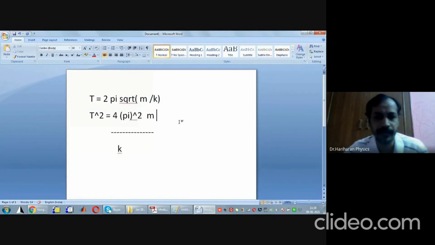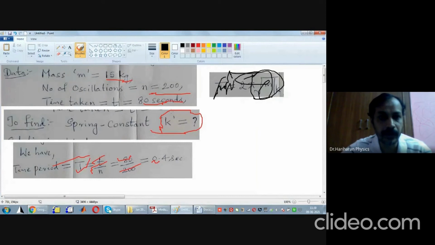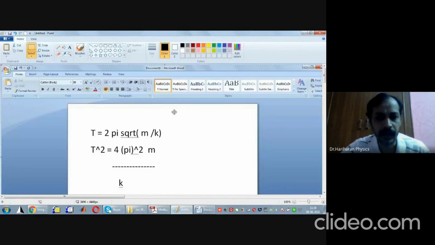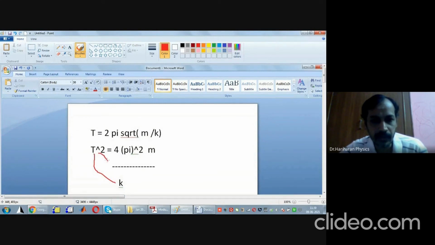Okay, now what will happen? Look here, you have to find k. This k will go to the numerator, and this T squared will come in the denominator.